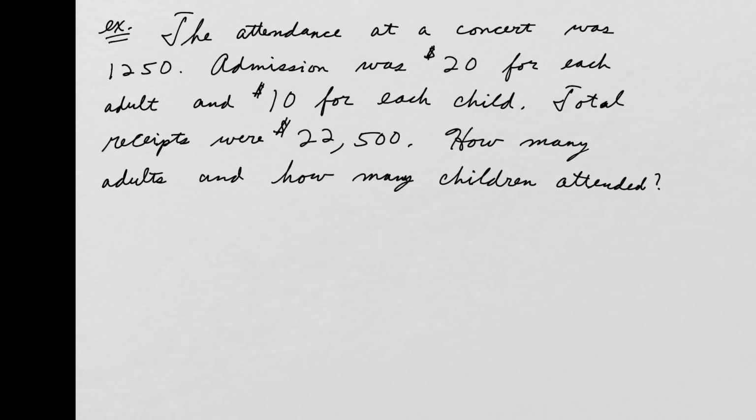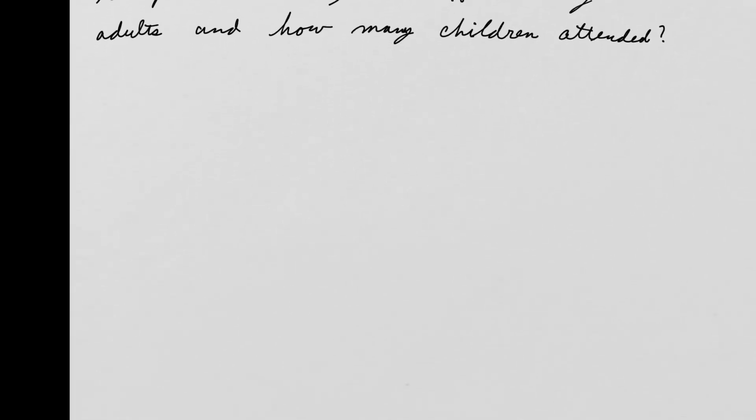So the first thing I want to do is make up some names for the variables. We could use x and y, but since we're talking about adults and children, let's let A equal the number of adults. It'll be easy to remember there. And then maybe C is the number of children.